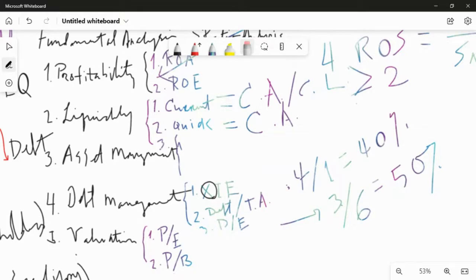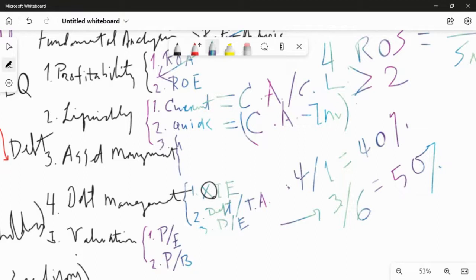Current assets minus inventory, because you cannot rely on inventory, right? In other words, when you are in urgent cash flow shortage, when you are very tight with cash flow, you gotta sell all of the current assets. But inventory takes time.